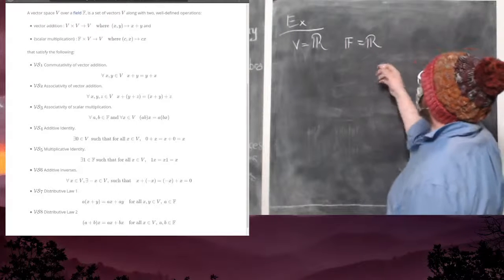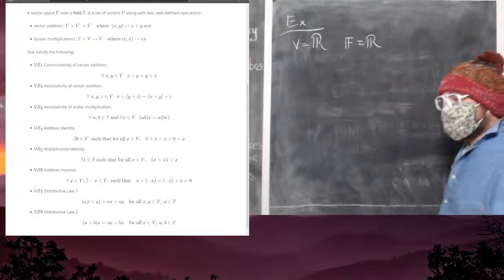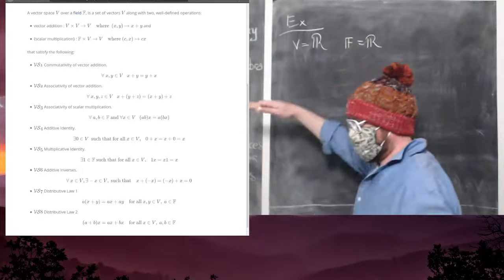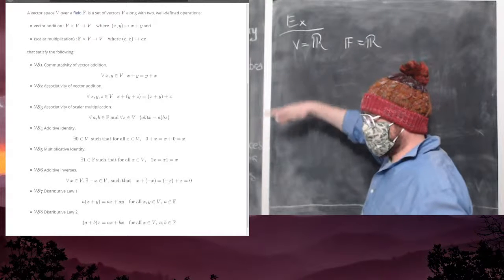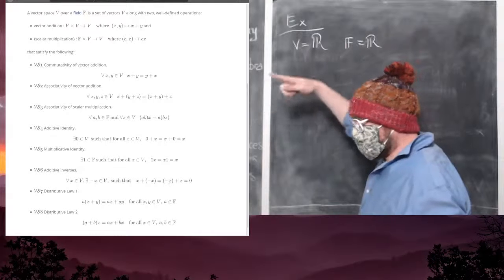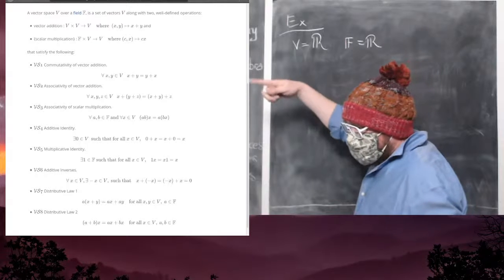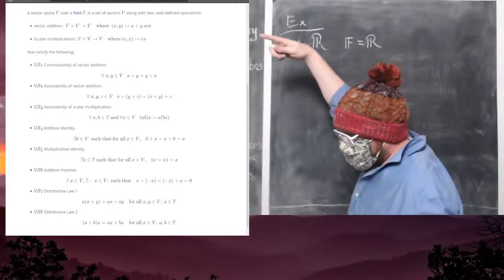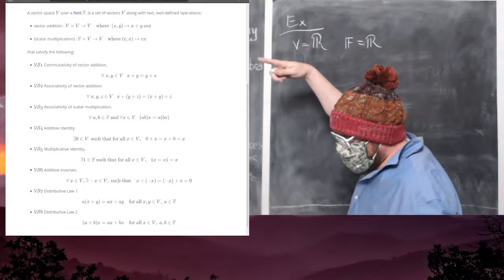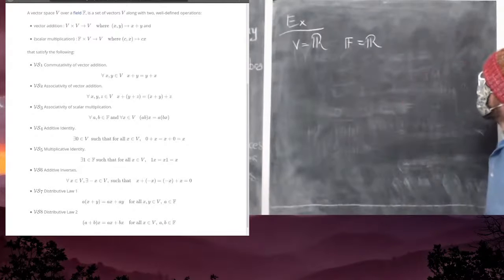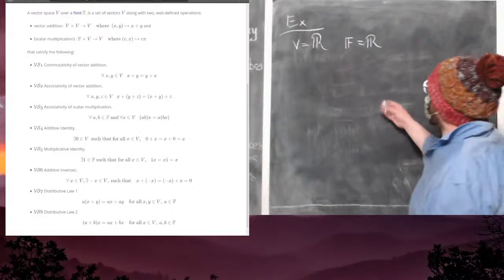We also need two operations, because as we can see in our axioms there, we need a vector addition and a scalar multiplication, and we need to find a way to define those things, and so we do it the most obvious way.